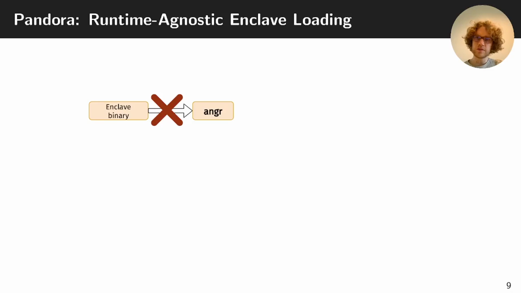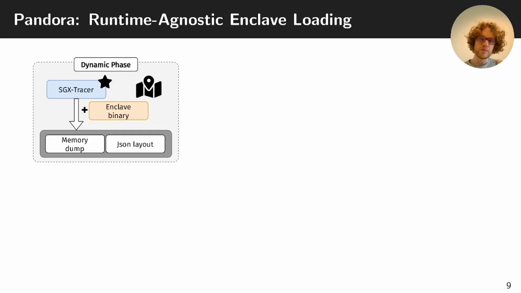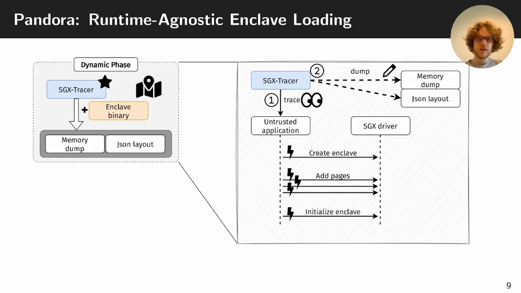So instead, what we have found is an approach that executes the untrusted loader once and hooks into the driver by means of ptrace. So we do a simple fork followed by ptrace, which means that we can listen to all the system calls to the SGX driver, and we can follow all of these individual phases that create the enclave.